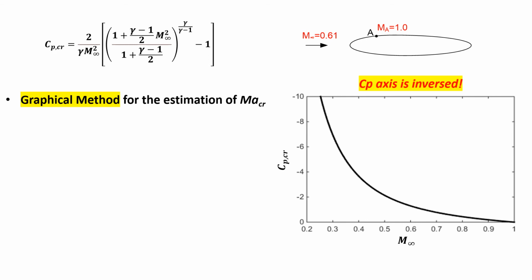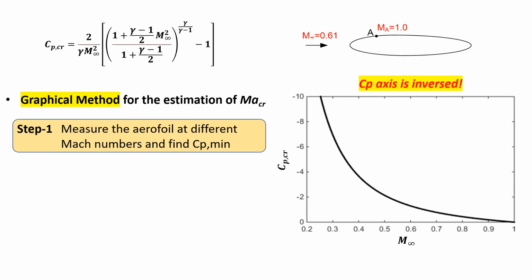Okay, so now we can use the graphical method to estimate the critical Mach number for a specific case. Just to let you know, the above relation, CP critical, is general. It applies to any airfoil. Step 1: measure the airfoil at different Mach numbers and find the CP minimum at each Mach number.